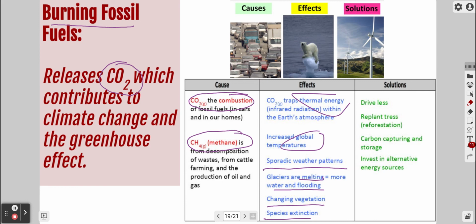But anyway, methane is even a stronger greenhouse gas than carbon dioxide, so we have to be even more careful about it, because it's that much more damaging. Some of the solutions that we had here are driving less, replanting trees or reforestation, carbon capturing or sequestering, you've probably heard that term before, or investing in alternative energy sources, which is what you're going to be examining in the second chapter.